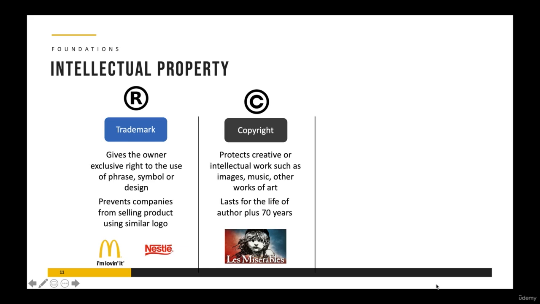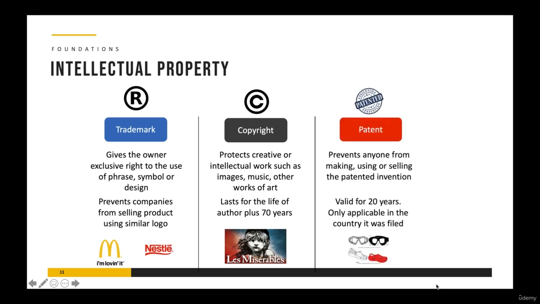So whatever you publish, if it is original and you can prove the date of publication, then it means that it is automatically copyrighted.